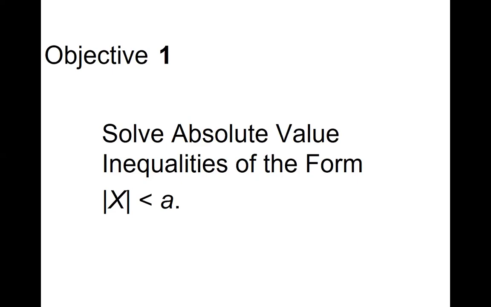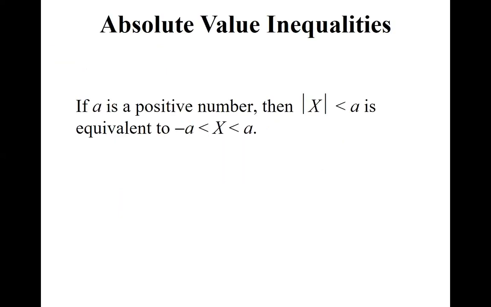The topic is absolute value inequalities. Objective 1 in this topic is solving absolute value inequalities of the form absolute value of x less than a. So we're going to solve things that have absolute value less than. And if a is a positive number, then absolute value less than is equivalent to saying between.